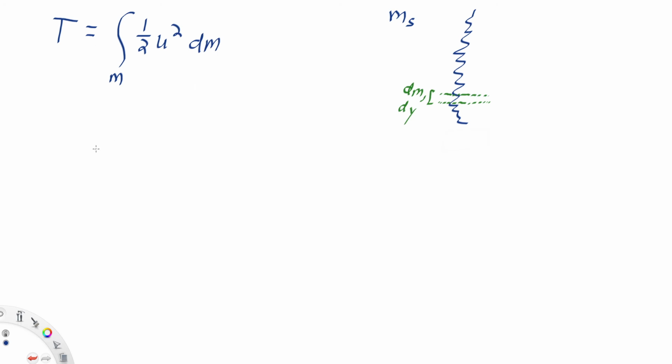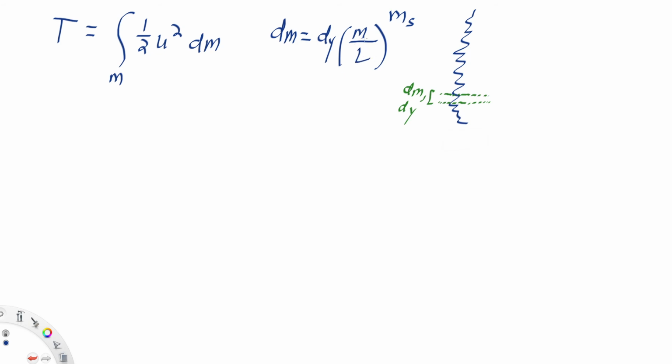So what we want to say is that the mass of the spring is uniformly distributed. So dm is just equal to dy times the density of the spring, which is going to be m per L. So we have a constant mass per length times a little tiny length, which will give us the little tiny mass.